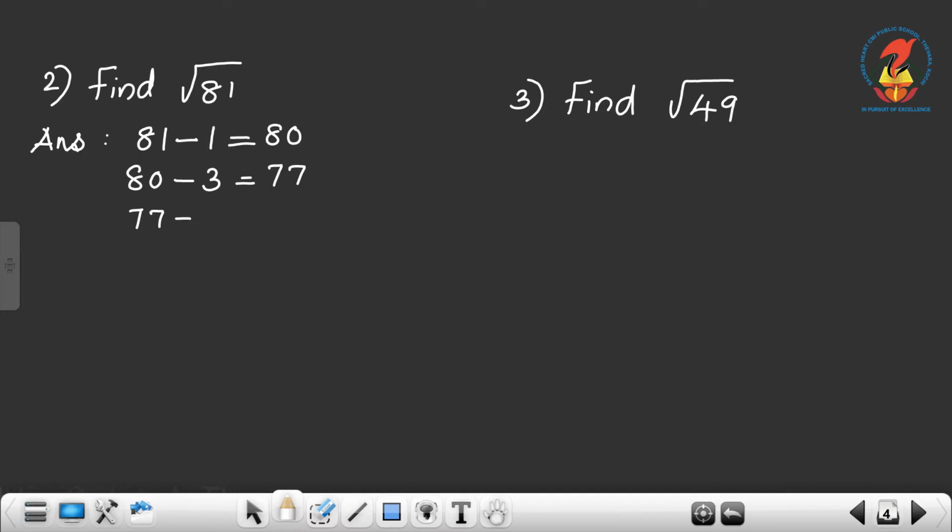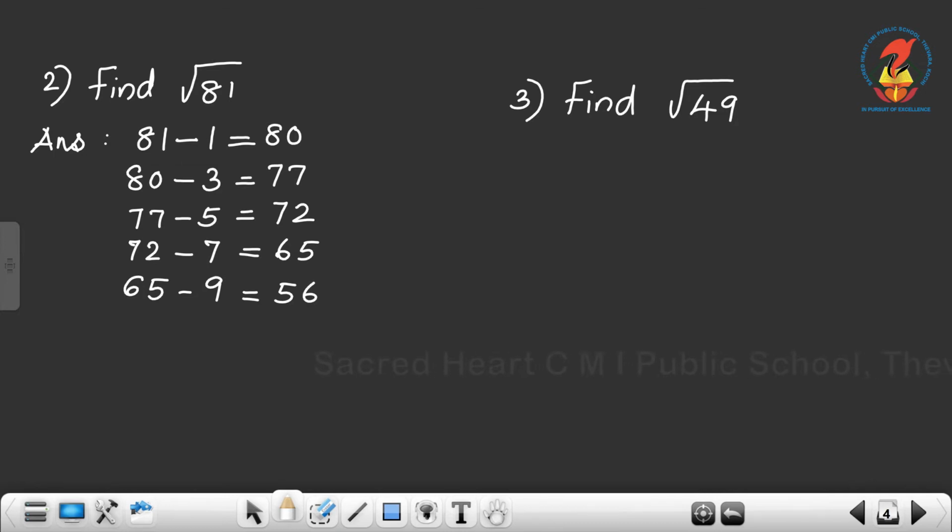Then 77 minus 5 equals 72. Then 72 minus 7 equals 65. Then 65 minus 9 equals 56. Then 56 minus the next odd number, 11, equals 45.